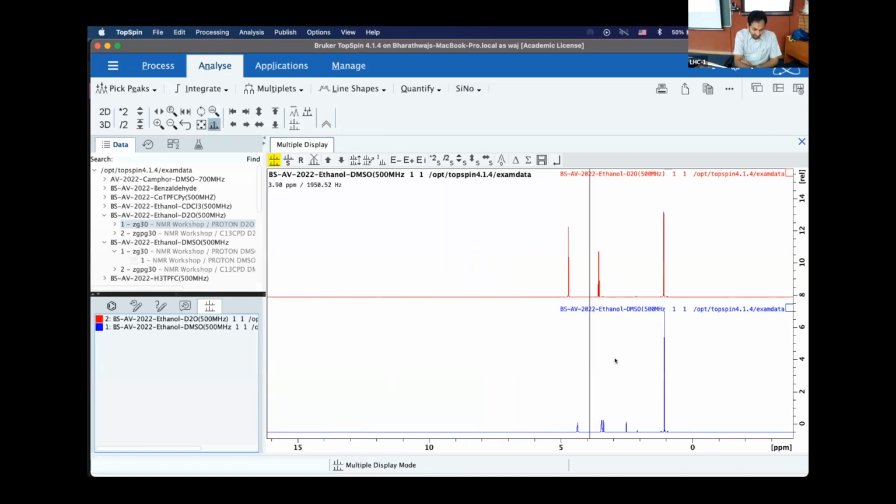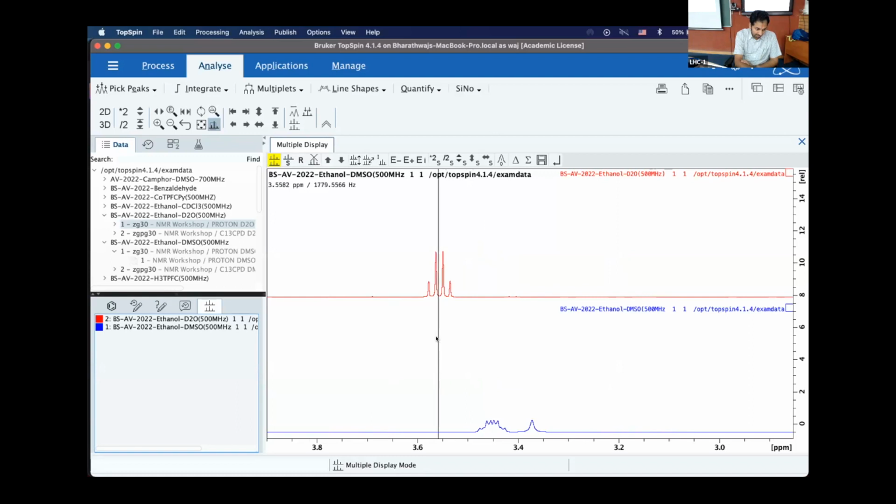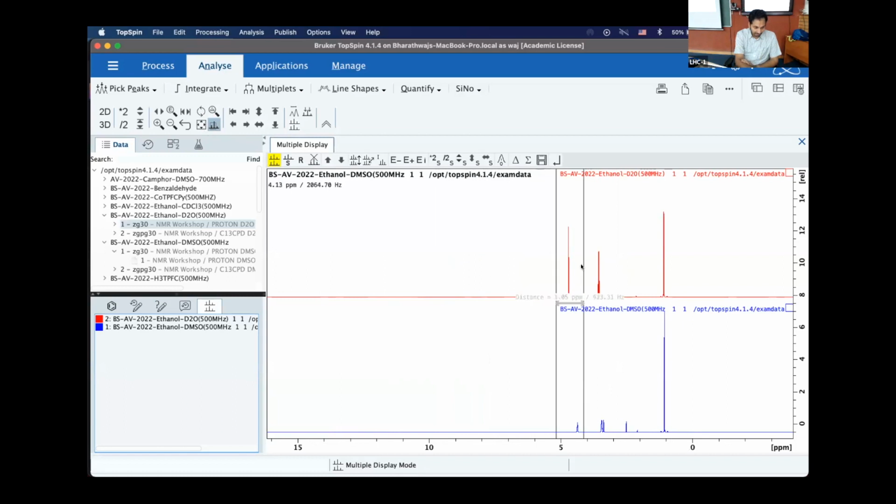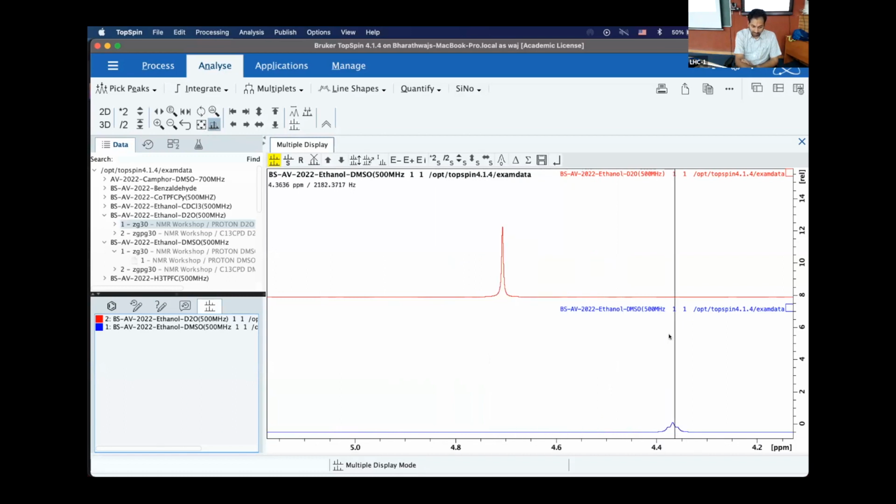And if you take a look at the methylene proton, we have to take the middle here. That's about 3.56 ppm, while in the case of DMSO, it's 3.45 ppm. You see a significant difference. There's no point comparing the proton here because it's clearly different, hydrogen bonded with water, which comes at 4.7.